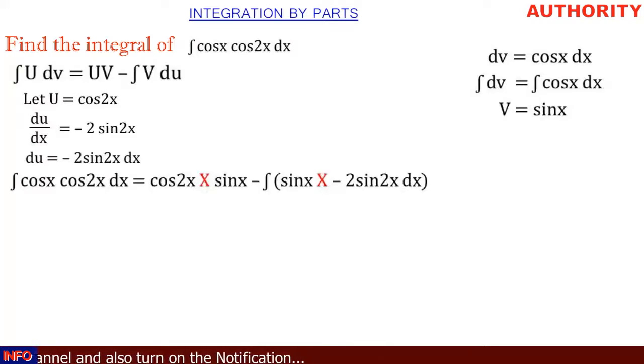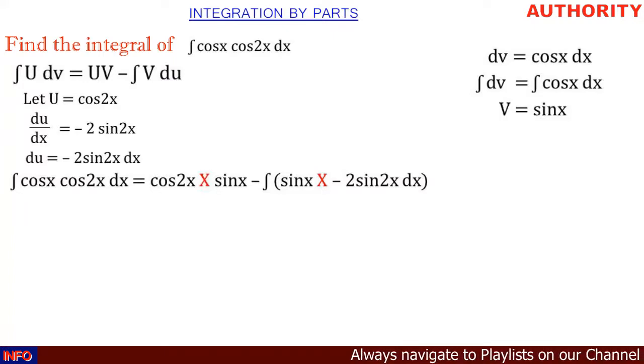The integral of cos x cos 2x dx is equal to u, which is cos 2x, times v, which is sine x, minus the integral of v, which is sine x, times our du, which is minus 2 sine 2x dx.